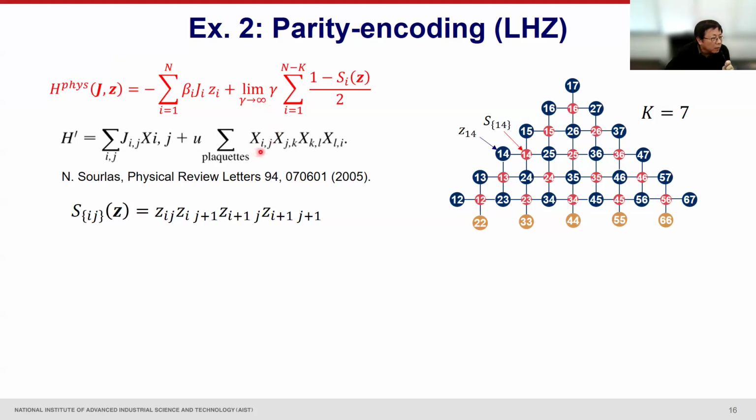Zoller shows this scheme has this Hamiltonian in 2005. In this case, the associated syndrome pattern is a product of spin variables as shown here.